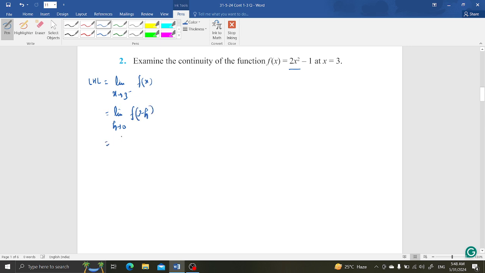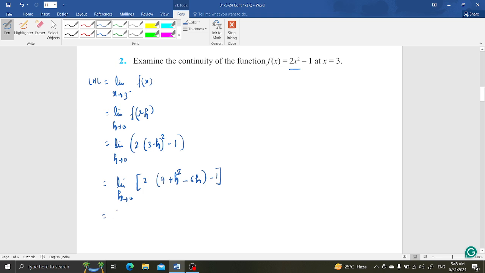Here, limit h tends to 0. How can we find it? 2 into (3 minus h) whole square minus 1. Now we need to open the inside part. Limit h tends to 0, 2 times (9 plus h square minus 6h) minus 1.